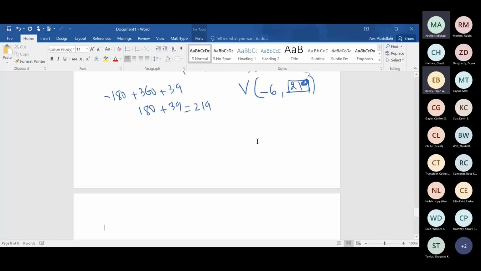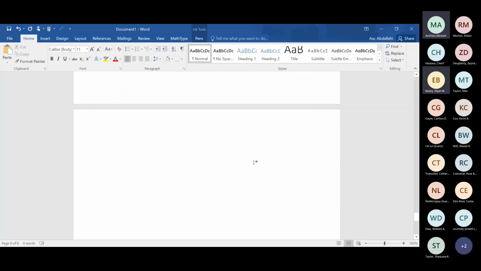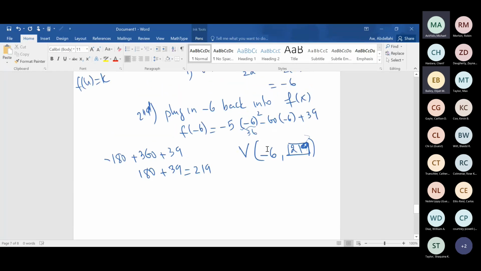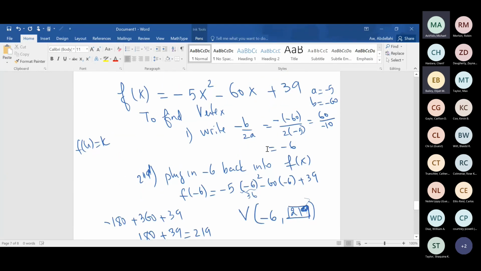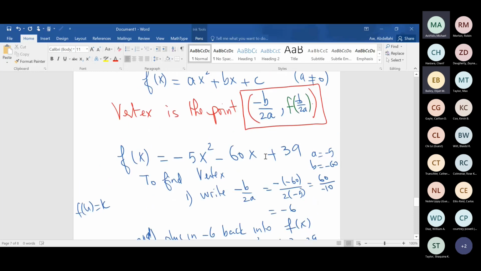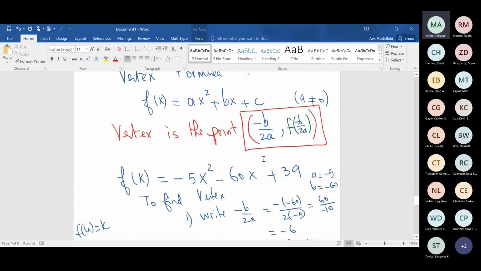Is there a reason we have the two different ways to find the vertex, or is it just more like a proof of concept kind of thing? Yeah, so this always happens in math. Any formula that you see in math comes from somewhere.